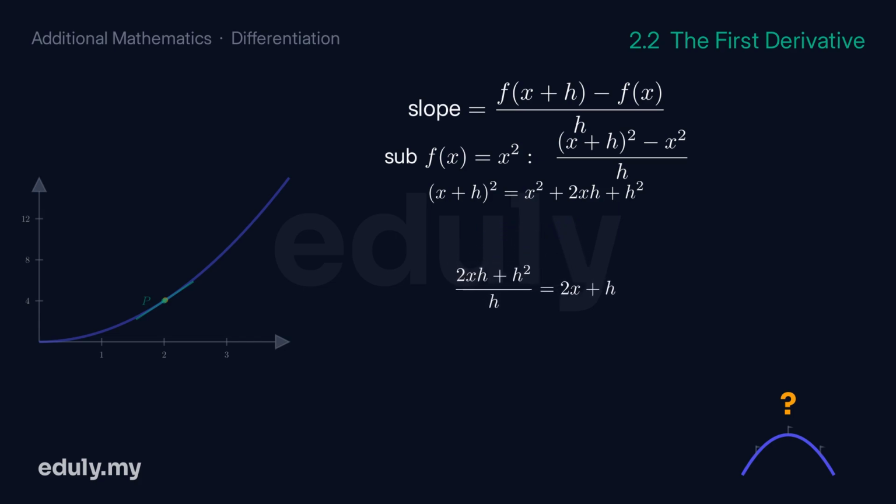Every term with an h in it is exactly the piece that disappears as h heads to 0. What's left is 2x. dy by dx, or f prime of x, is just the name we give to that leftover number. And yes, it's the exact number our secant settled on.